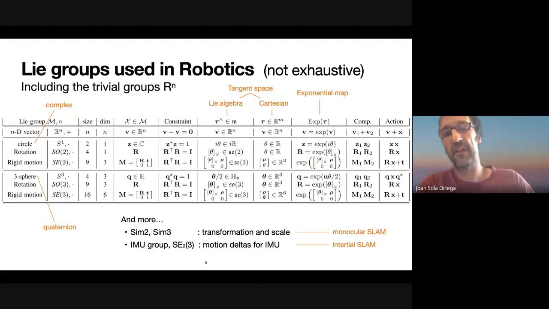In this table, you have a lot of properties: the size of the space, the dimension of the Lie group, the type of elements, the way to define the constraint for these elements, and then a number of notions: Lie algebra, tangent space, exponential map. These kind of things are proper to Lie theory, and are the concepts that are going to be explained in this course.